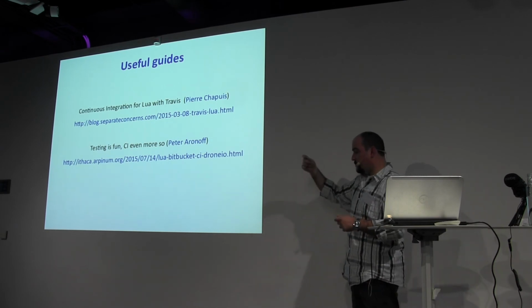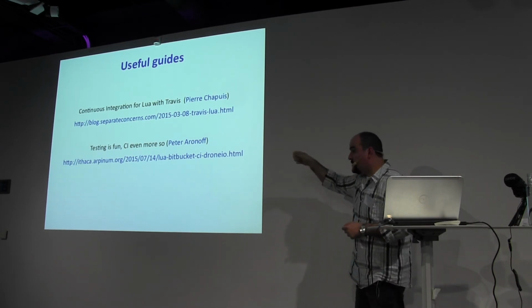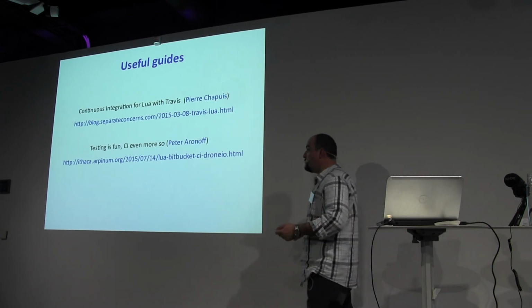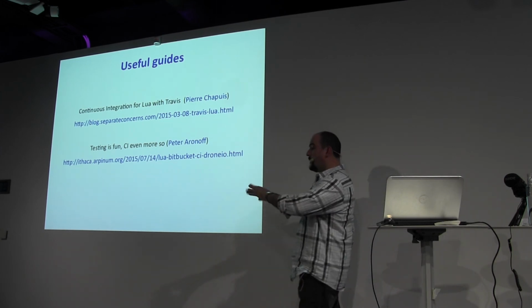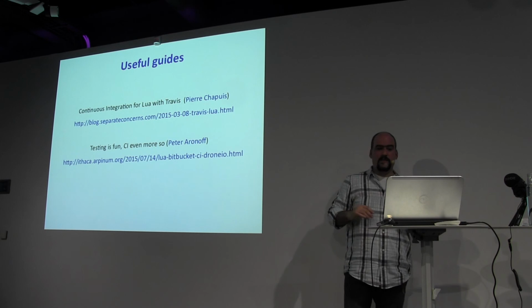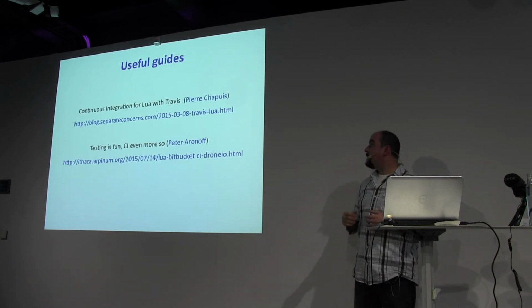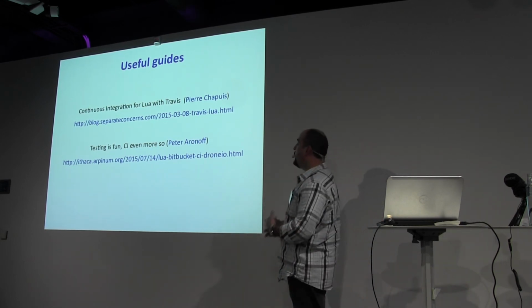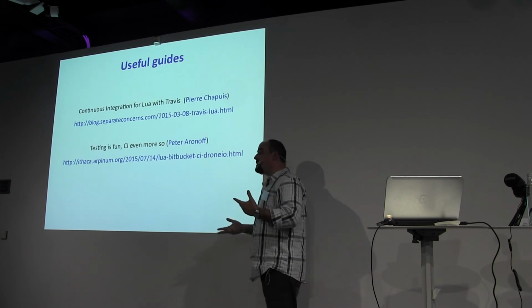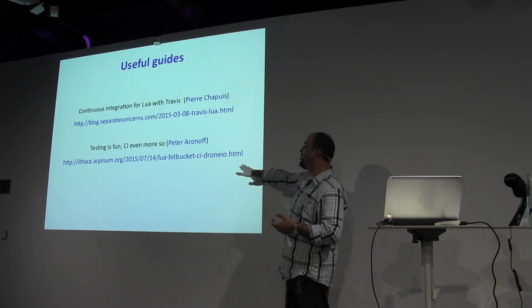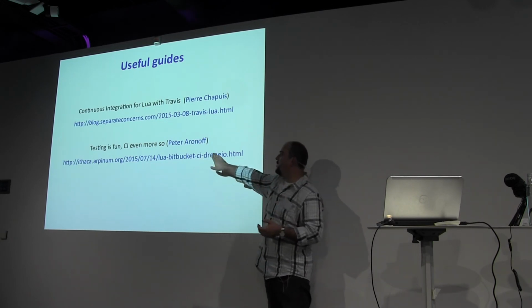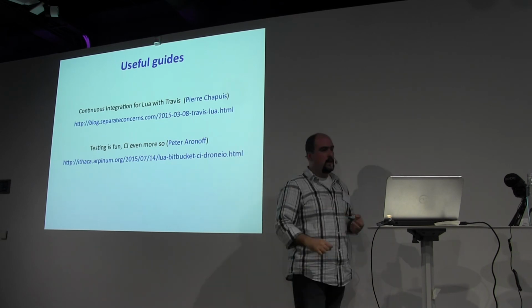You just have to mark some checkboxes in your GitHub account, create a Travis account, and that's pretty much it. And the other one, by Peter Aronoff, is mostly the same thing, but for configuring integration with Bitbucket and Drone, another service.